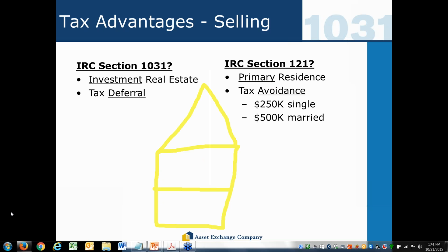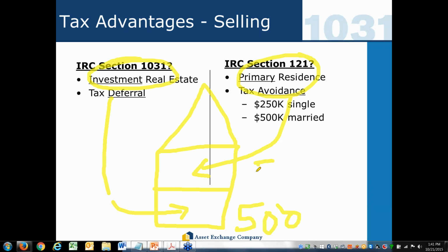So in a situation where you have a 2-unit building and you live in the top unit and you rent out the bottom unit, if you sell this property, you get to use both the 1031 exchange and the homeowner's exemption together. So you're going to take a 1031 exchange on the value of the bottom unit, all right?